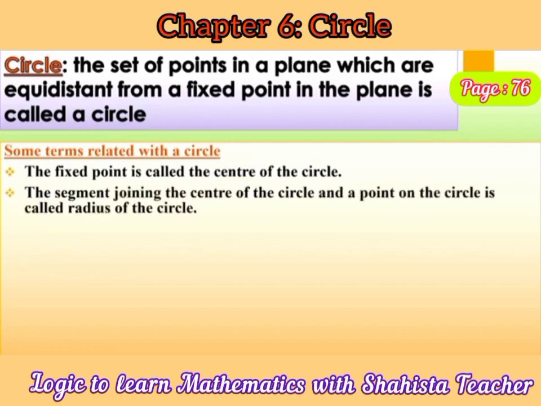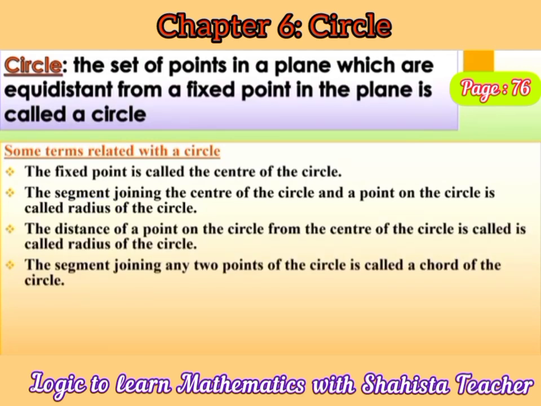Second, the segment joining the center of the circle and a point on the circle is called the radius of the circle. The distance of a point on the circle from the center of the circle is called the radius of the circle. After that, the segment joining any two points of the circle is called a chord of the circle.